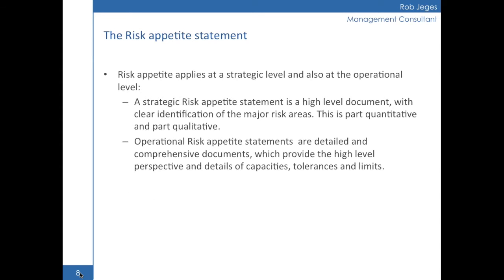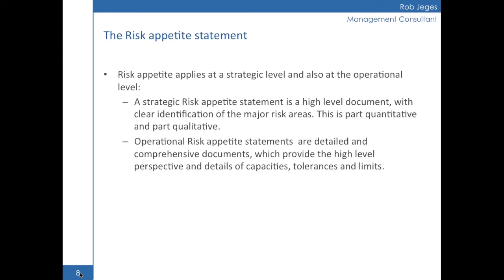So one of the common things to do with risk appetite is to create a risk appetite statement. This is in many cases a requirement of a regulator, but it's generally a very good idea because it consolidates the ideas about all these concepts. Risk appetite, as we discussed at some point, can apply at a strategic level, at a high level if you like, and also at an operational level.